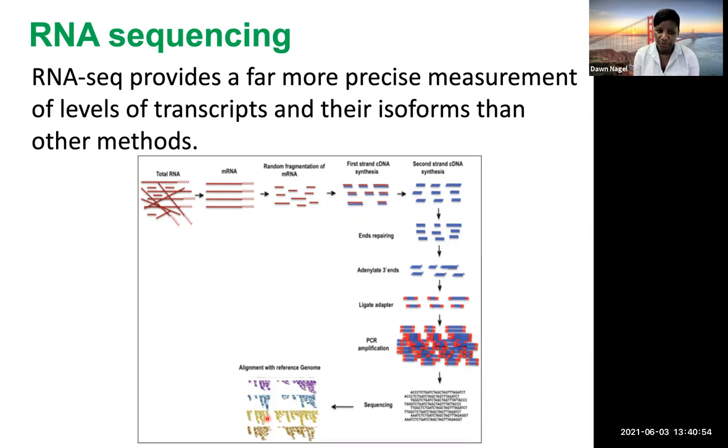Is the expression or the mapping of these reads, do they represent something that's highly expressed compared to something else? And what is a highly expressed gene? How many reads are you supposed to have to say something is highly expressed?